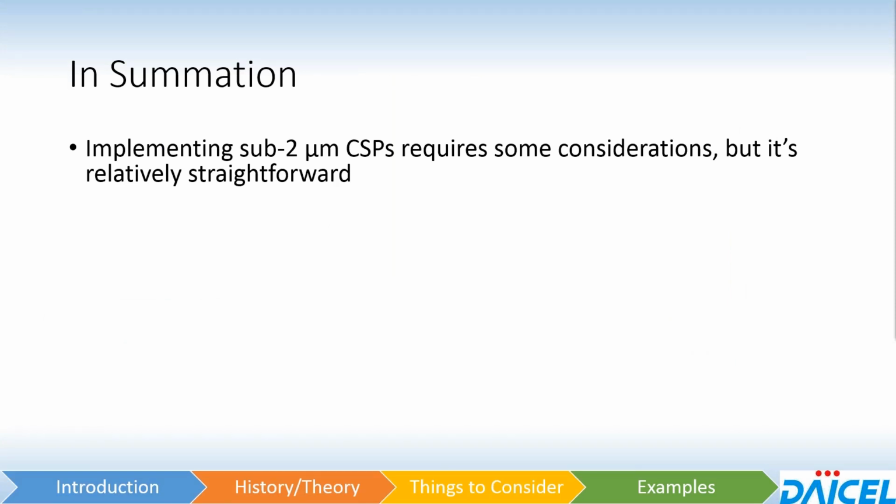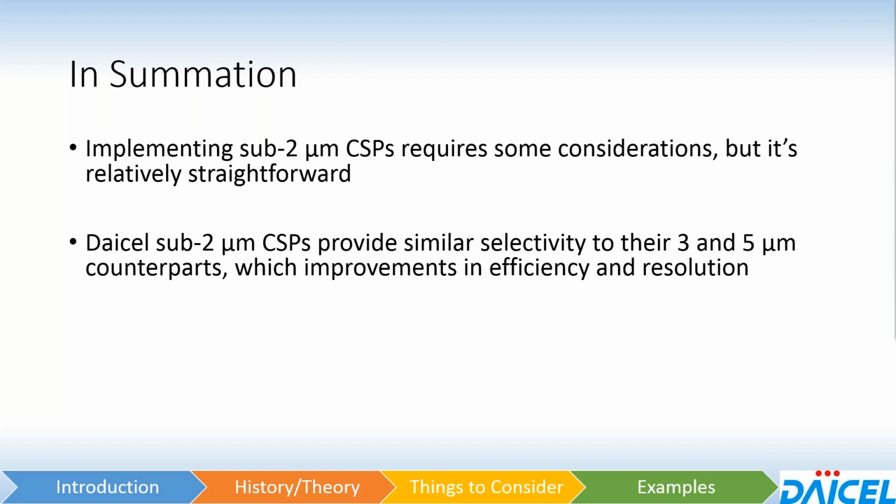In addition to the brief introduction on chirochromatography, just a brief summary here of all the different topics that we touched on. Obviously, we talked about implementing sub 2 micron chiral stationary phases. Certainly requires some considerations, but translating from your older 5 and 3 micron methods to sub 2 is relatively straightforward as long as you take those things into consideration.